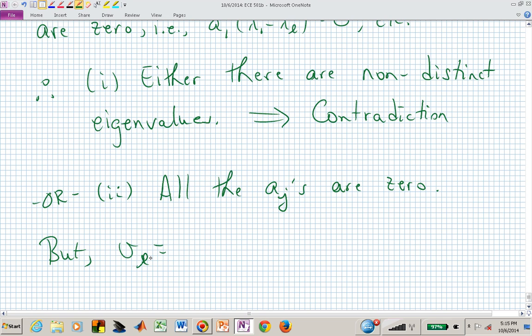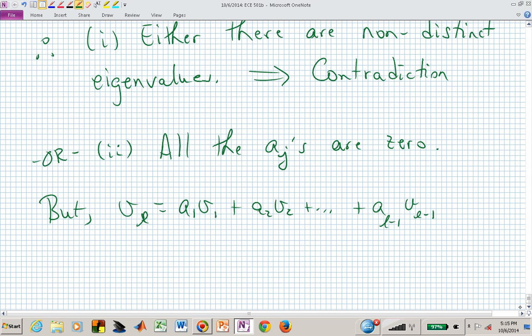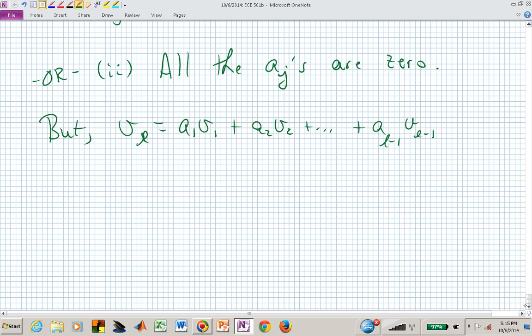V sub L was equal to a1 v1 plus a sub 2 v2, and so on. And if we now have all of those a's being 0, then v sub L was equal to 0, and that's a contradiction. We wanted that to be in our original list, which was non-zero. So let me conclude by saying that v sub L being that linear combination would imply v sub L is equal to 0, which is a contradiction.